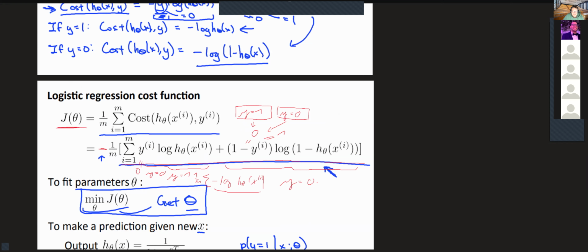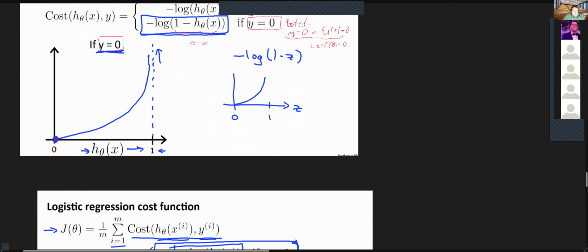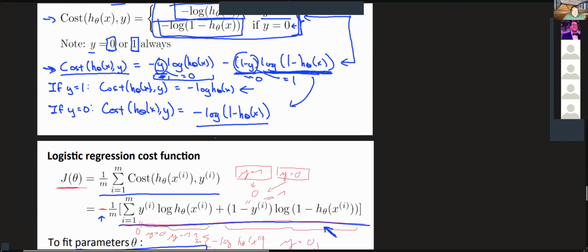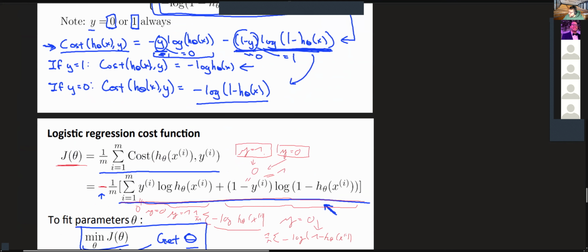If y is 0, this boils down, and I can take the minus in here, to minus log of 1 minus h of theta x i. And that's it, and then the sum over n. So I do this for every training example, of course. This is just the cost of one training example, so I add this up for all training examples.